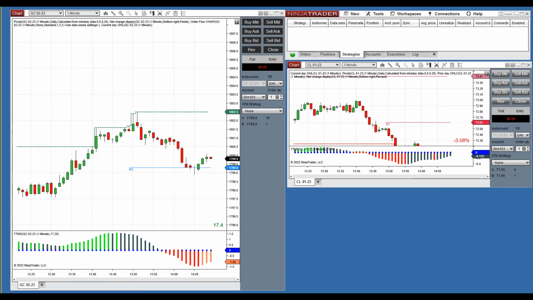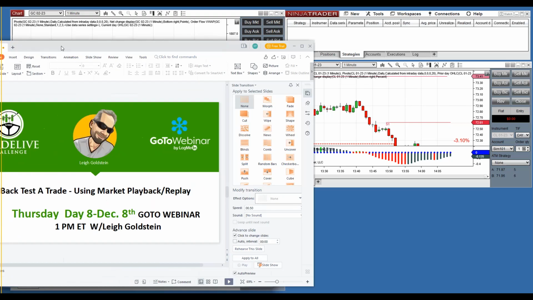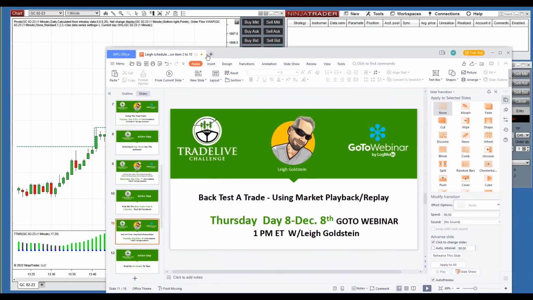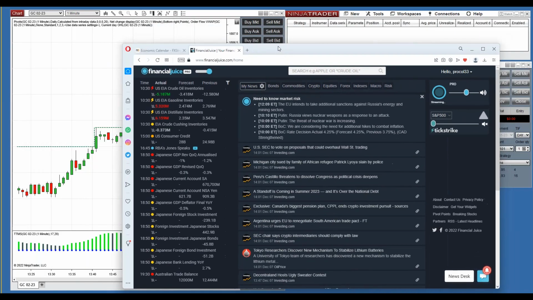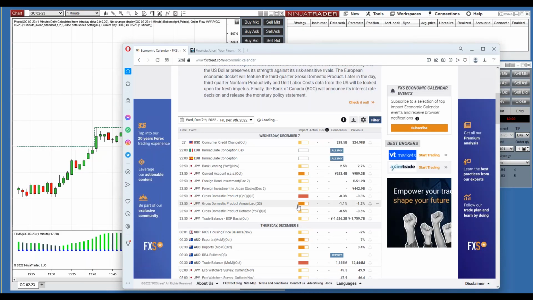And then I wanted to talk to you also about, so you understand why these calendars are so important. You're going to go through, and each calendar has a different methodology for determining which are the important trades, right? FX Street, they use this color coding.